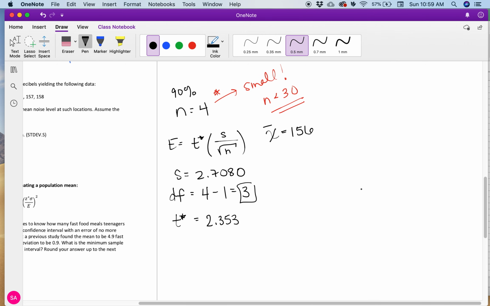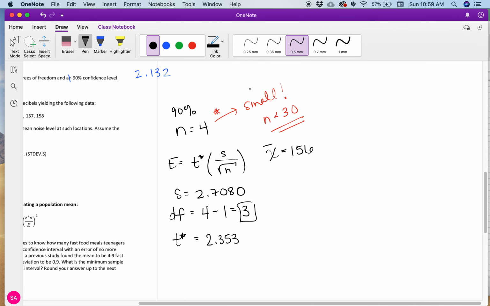I'm just going to keep going this way. All right, so E is equal to our t star, which was 2.353, times S, which was 2.7080, divided by the square root of our sample size, which is the square root of 4.